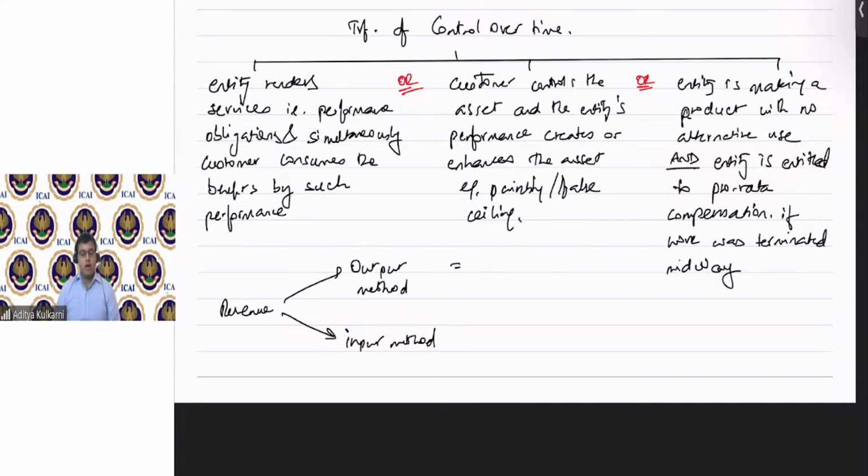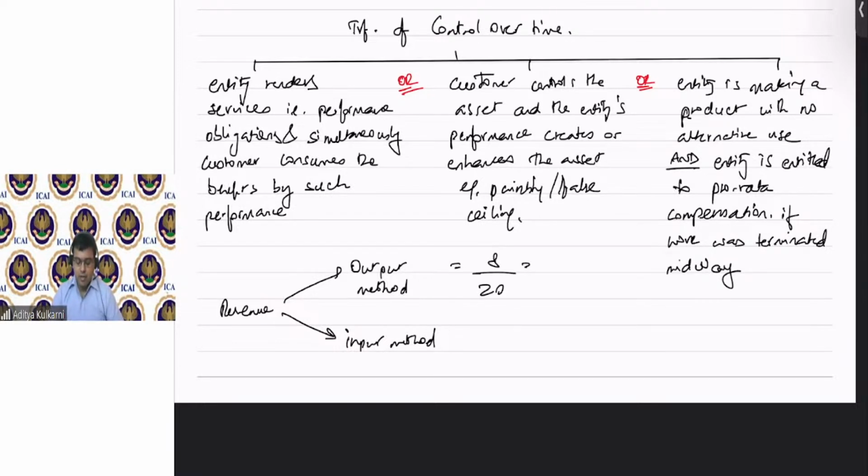Okay. So for example, you are constructing a 20-storied building, and out of 20, you have completed 8 floors.